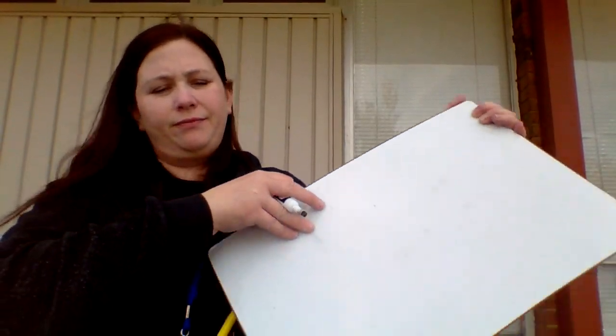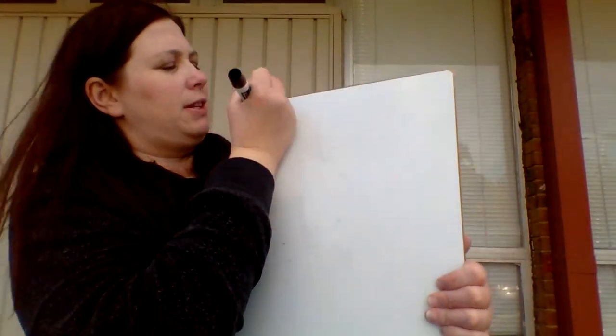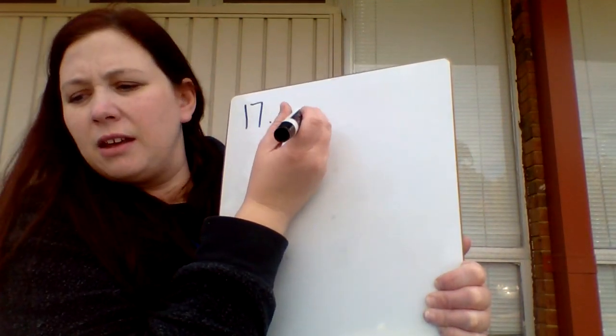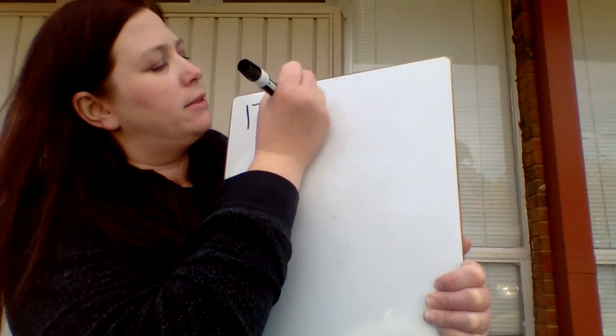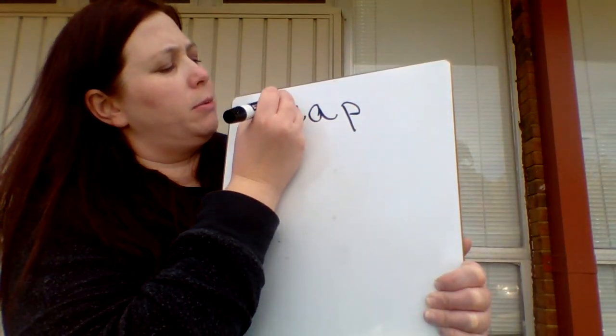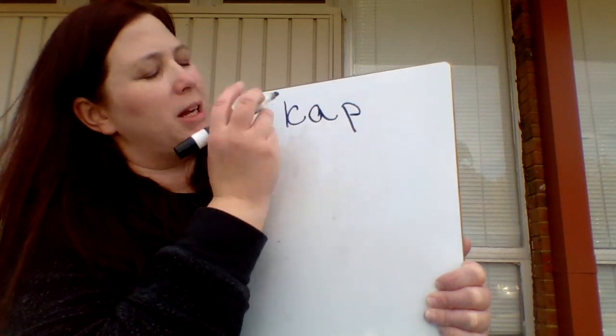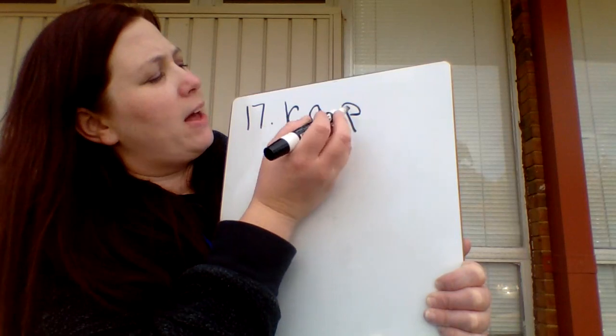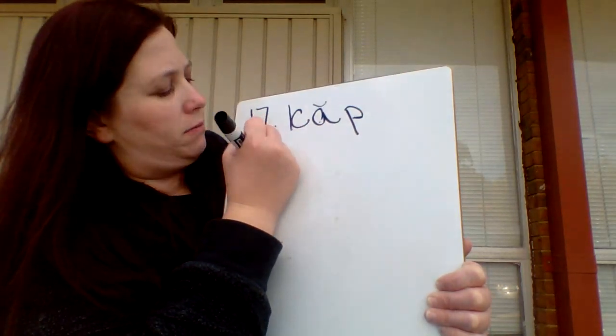All right. Number 17 is cap. So with all of our C words like this, we're going to put that line behind the C to show it makes the k sound like a K. And then we have vowel consonant. It gets a brev.